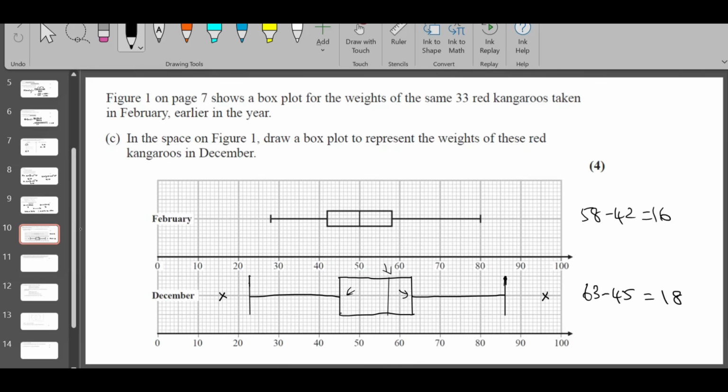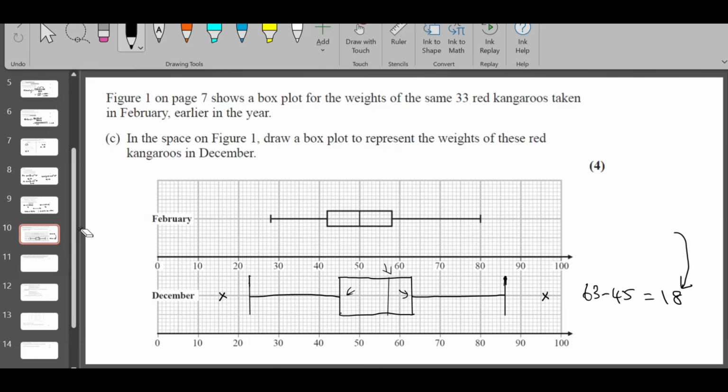The IQR of this one is higher than February, right? So you need to write that when the interquartile range is bigger, it means a larger spread. So you need to write: December has slightly larger spread, so the weights are more varying here compared to February. That's one of the points.